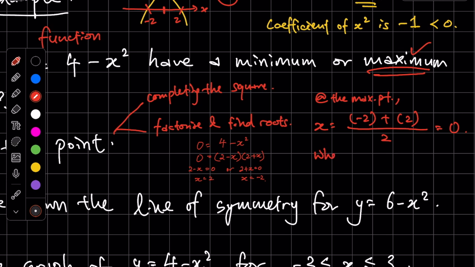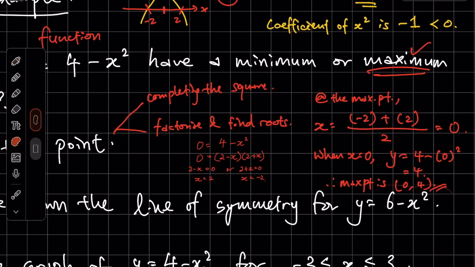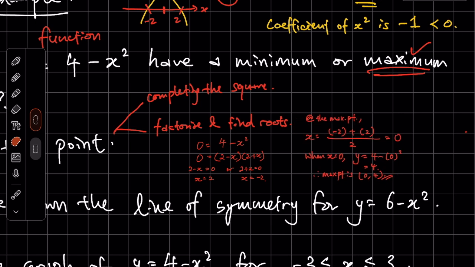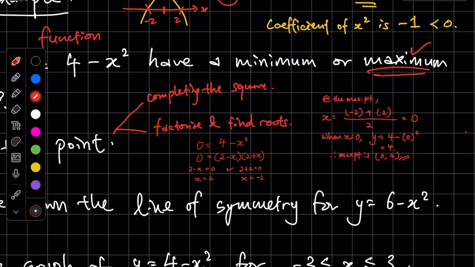So when x equals 0, what is y? y is 4 minus x squared, with 0 squared, so y equals 4. Therefore, the maximum point is (0, 4). Done. I know I said I won't go through all the answers, but sometimes I end up doing it anyway. Never mind. Then you get the solutions here, like this.